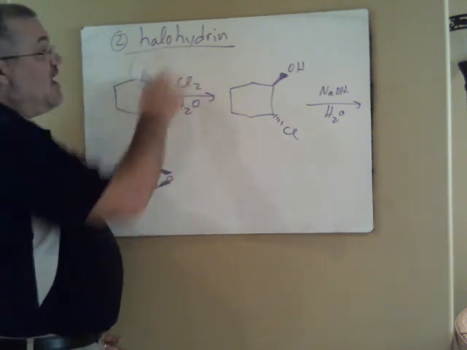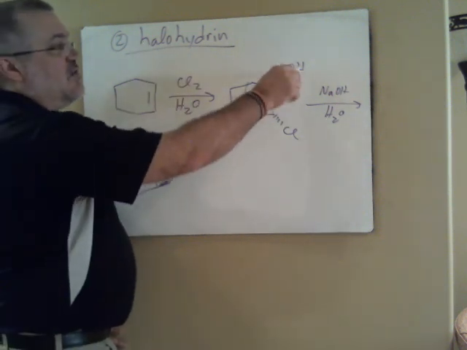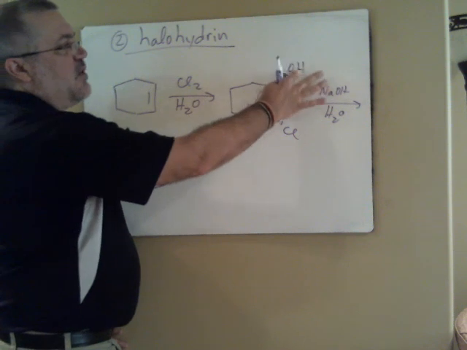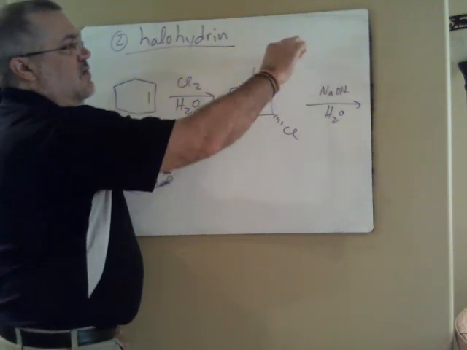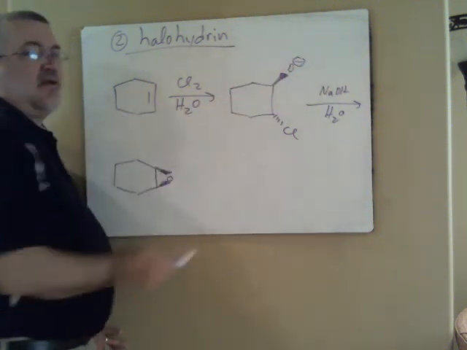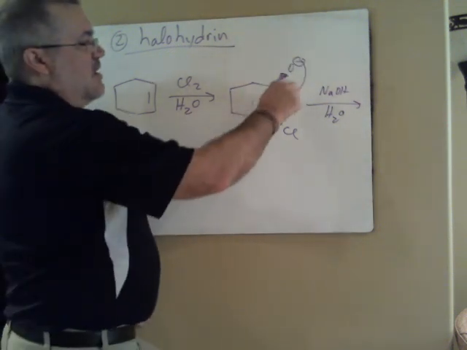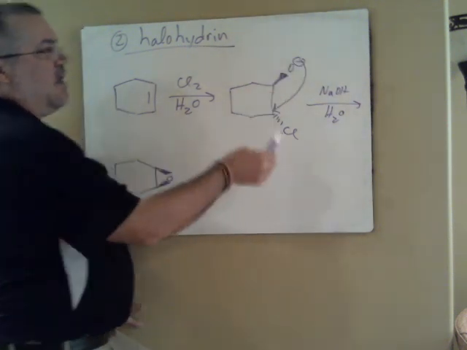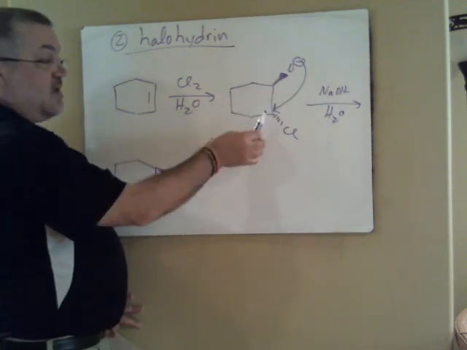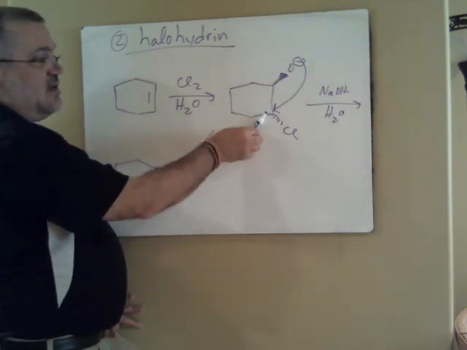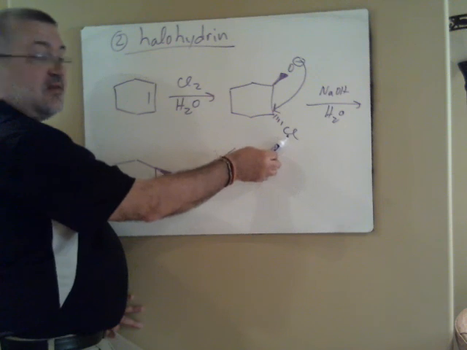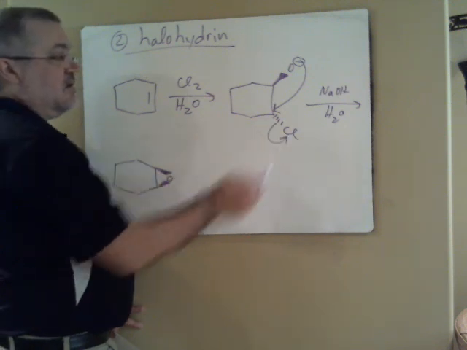Okay, but it's on a halohydrin, because the base is going to remove this proton, which will give me that alkoxide, which will then, in an intramolecular way, react from the top side of the carbon that has the leaving chlorine on it.